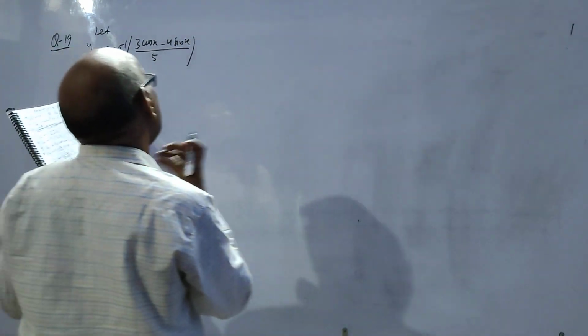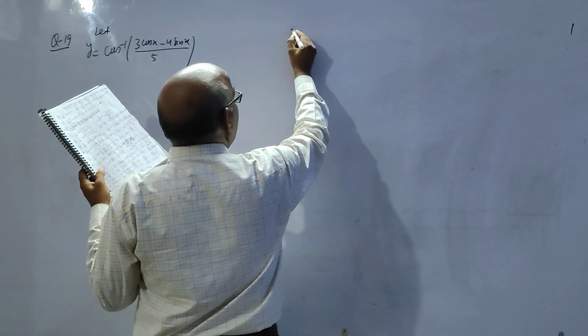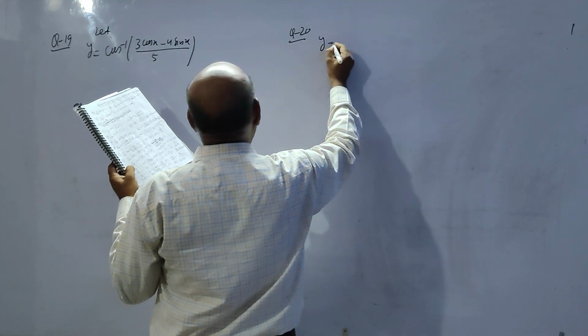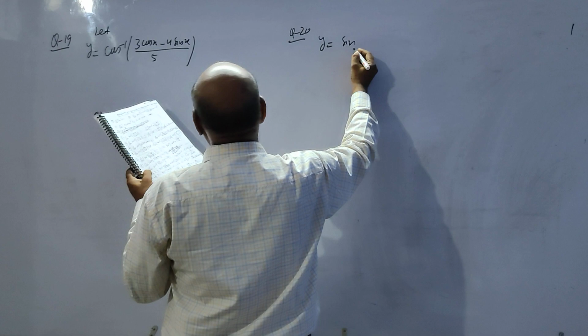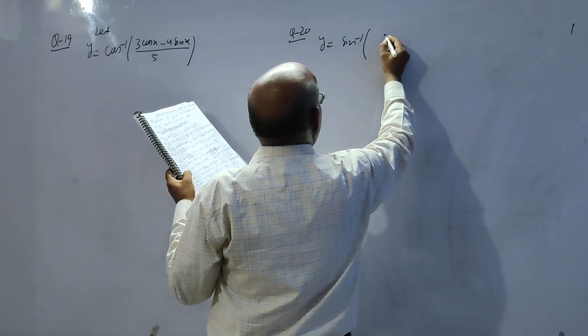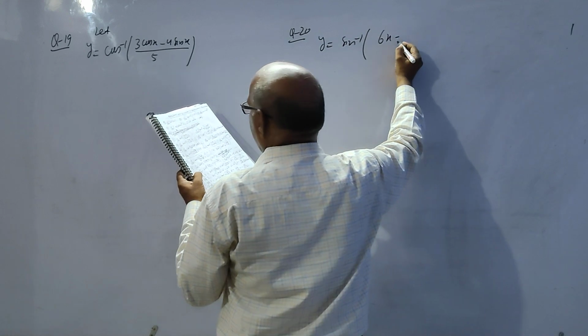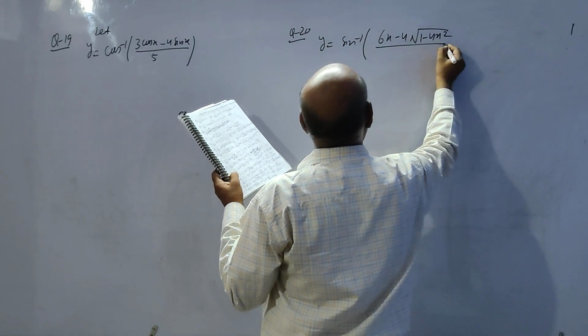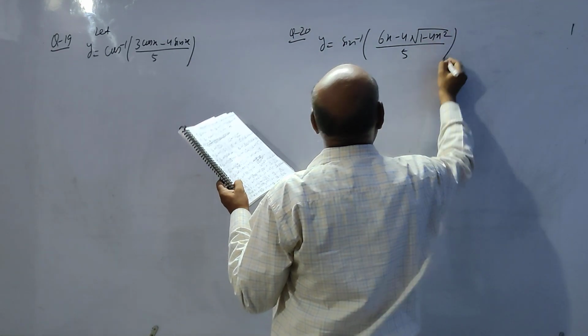And now question number 20: y is equal to sin inverse of (6x minus 4 times under root 1 minus 4x square) upon 5.